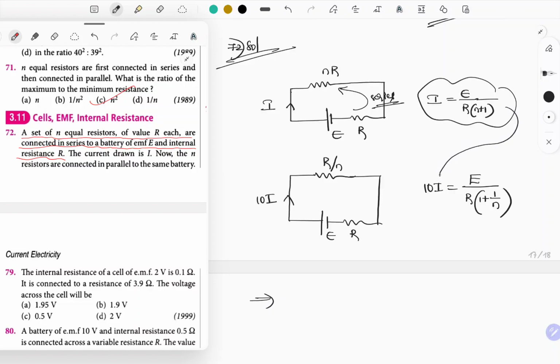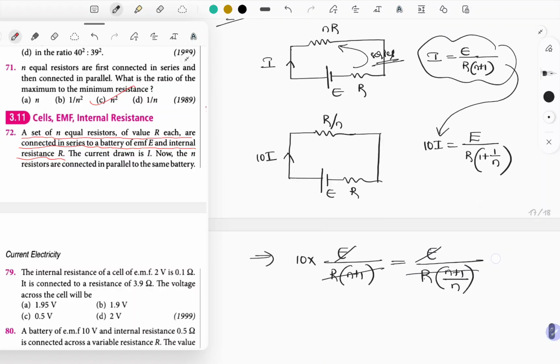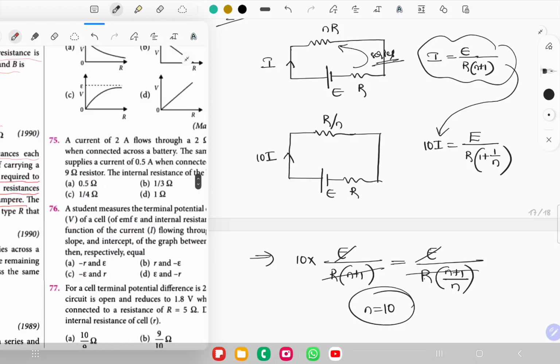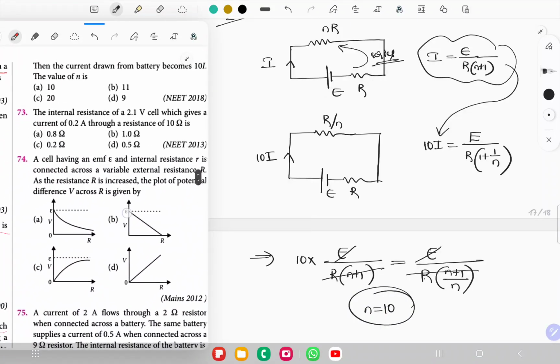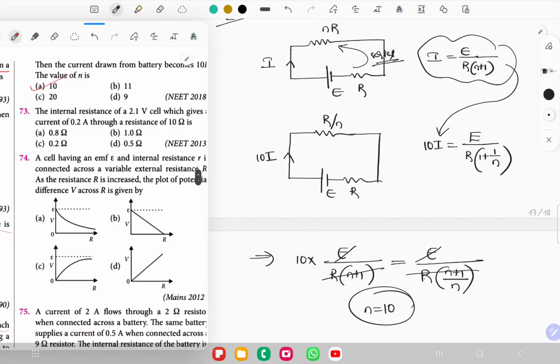In place of I I am going to substitute, 10 into E by r into n plus 1, which is equal to E divided by r into n plus 1 divided by n. So r into n plus 1 cancels, E will get cancelled. Then n goes to the numerator, then n is equal to 10. Option A is the correct answer for this question.